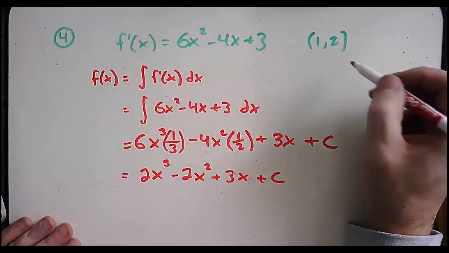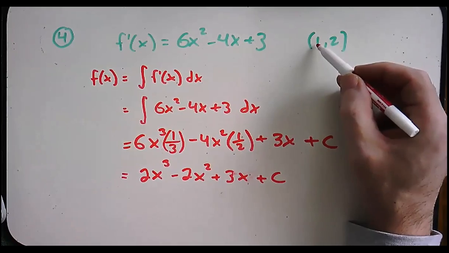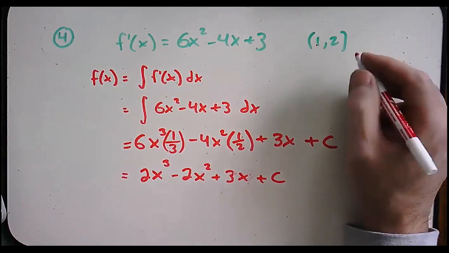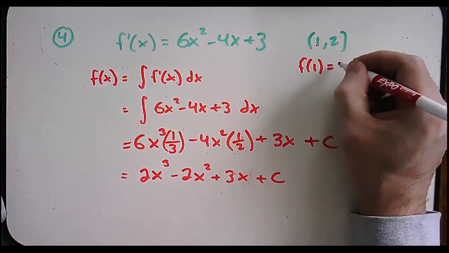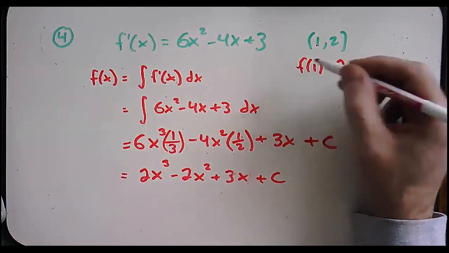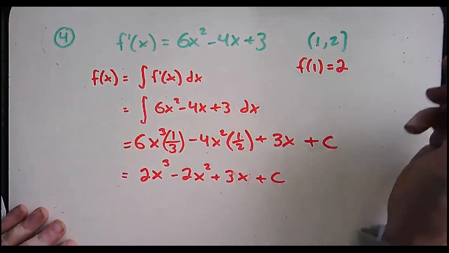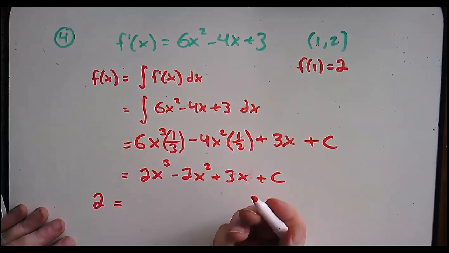And really what this means, when we say the point (1, 2) is on the curve, that means if we let x equal 1, then y equals 2. Or more specifically, it means that f of 1 equals 2. So we're going to use that information now to solve for c. So f of 1 equals 2. So the y value would be 2 if we let x equal 1.